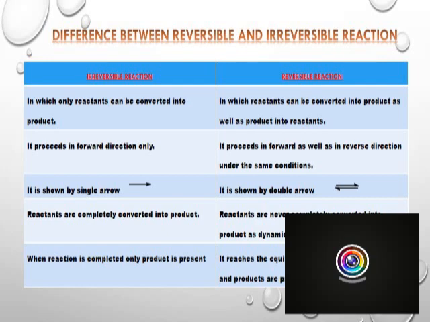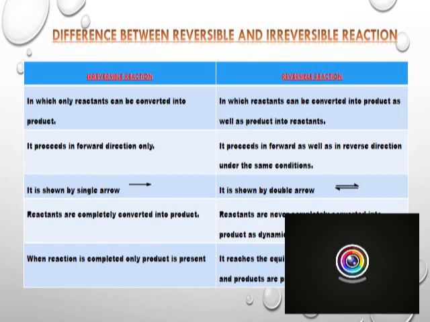Okay, so here we have the differences between forward and reversible reactions. Forward reactions are those in which reactants can only be converted into products, and in a reversible reaction, reactants can be converted into products as well as products can be converted into reactants again.